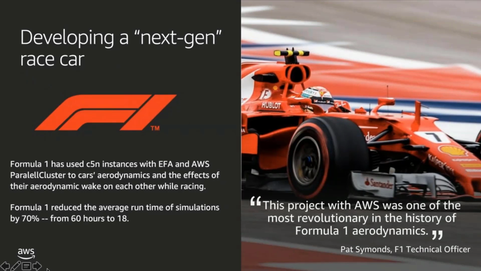And these benefits are far from theoretical. Formula One elected to use AWS to design its next generation race car. Formula One uses computational fluid dynamics to simulate the aerodynamics of their race cars and understand how different designs affect the ability of their vehicles to race in close proximity to one another.